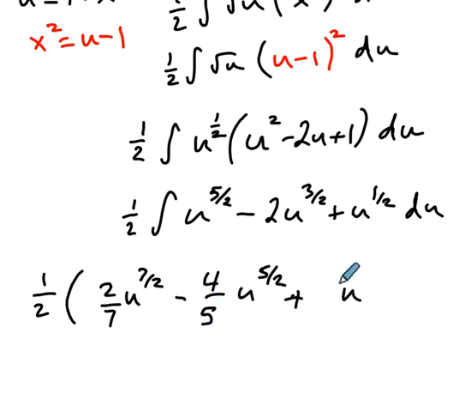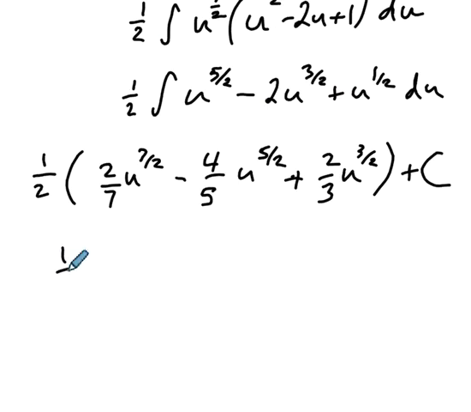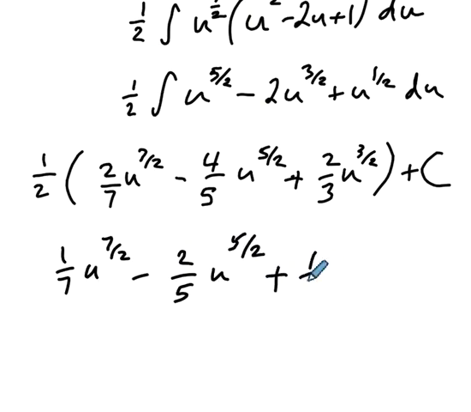plus 2/3 u to the 3/2, plus c. And now I'm going to distribute the 1/2: 1/7 u to the 7/2 minus 2/5 u to the 5/2 plus 1/3 u to the 3/2 plus c. But wait, there's more.